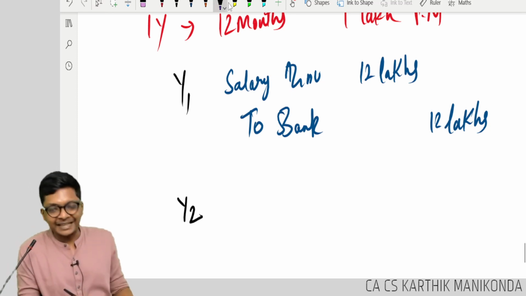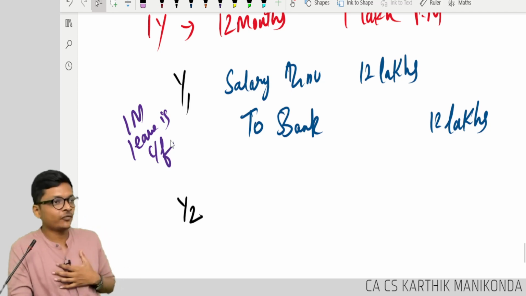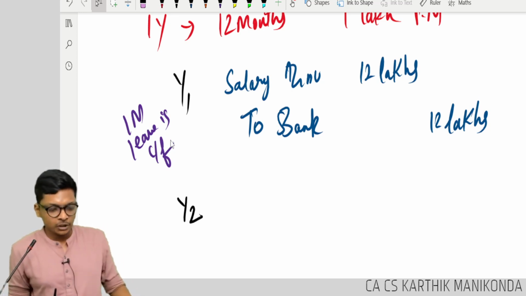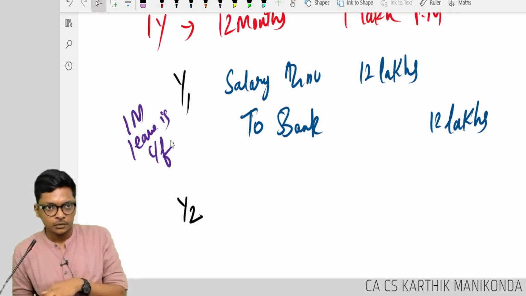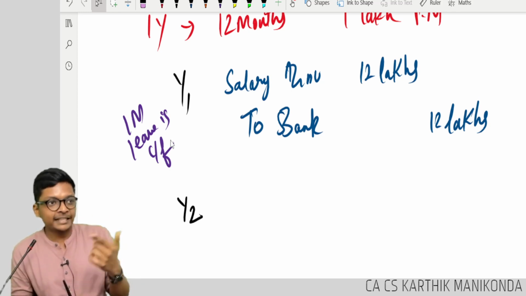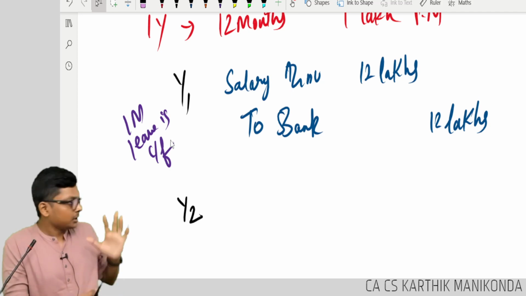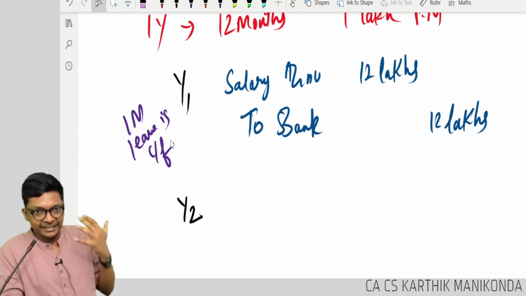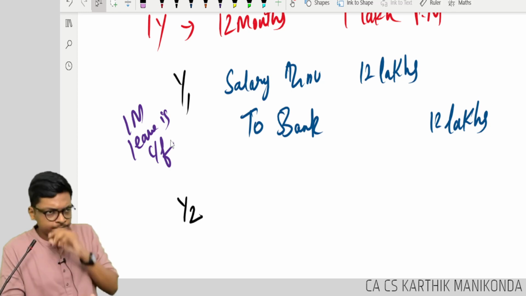In year 1, what is carried forward? 1 month leave, easy so far. Should I account for this 1 month leave in the first year itself, or in the second year? In the first year I will stop with the 12 lakh salary to bank entry. Think logically, guys. Or should I account for it only in the year he uses it?